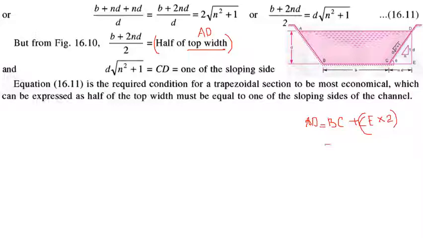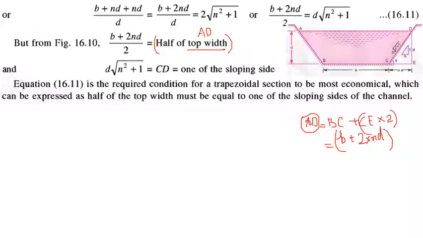That is b plus 2 into nd. This was the equation for AD before, b plus 2 into nd. So that is the length of AD. So here b plus 2nd by 2 is half of the top width.